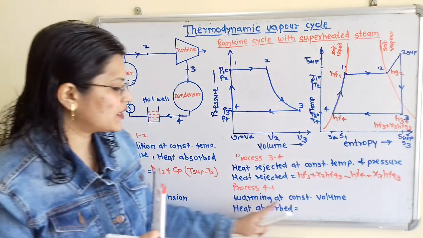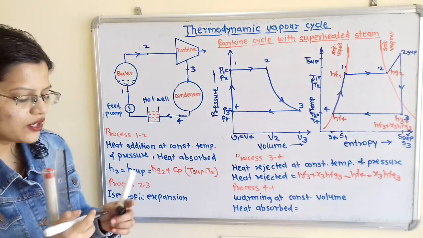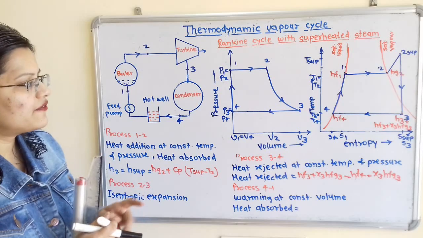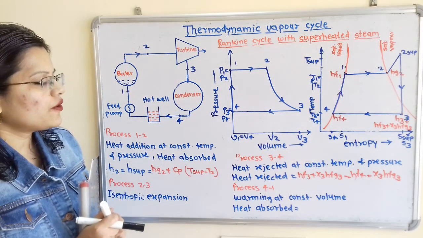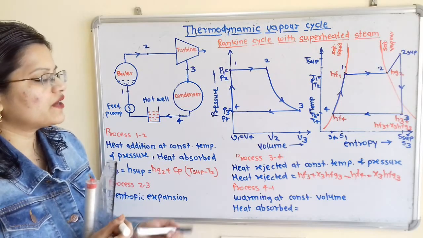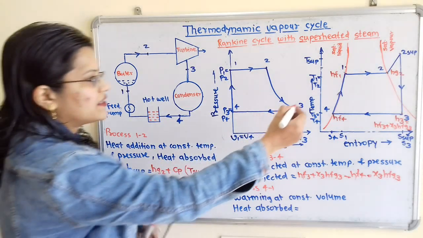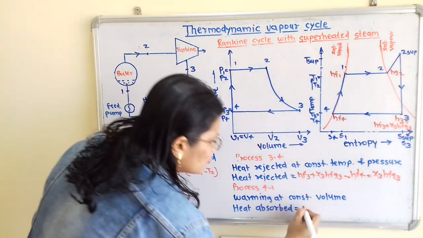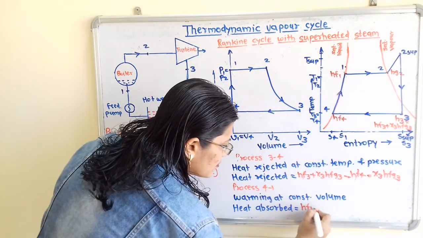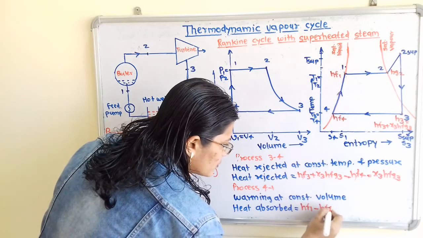Now how to calculate the heat absorbed? Again we have to take the difference between these enthalpies, that is the enthalpy at point 1 minus enthalpy at point 4. So hf1 minus hf4.